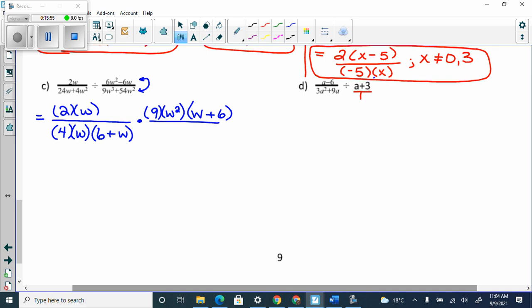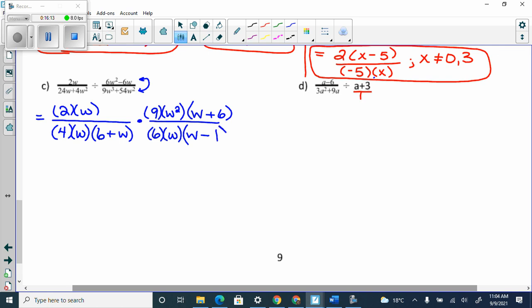Over, now this is going to drop. So 6W squared minus 6W, I can take out a 6W. 6W squared, take out a 6W, and I'm left with W minus 6W, take out a 6W, is a really large 1.